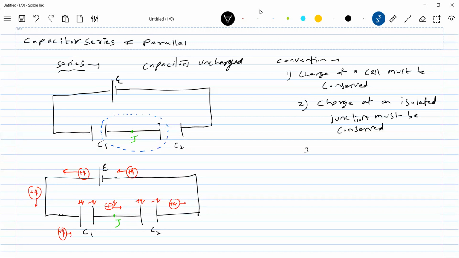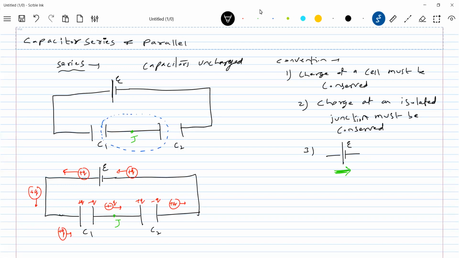Then after that, similar to what we did in KVL, if you take a cell and traverse, what do you mean by traverse? Traverse is like this. Don't show any charge here, just say traverse. So I'm moving from the positive to the negative terminal.